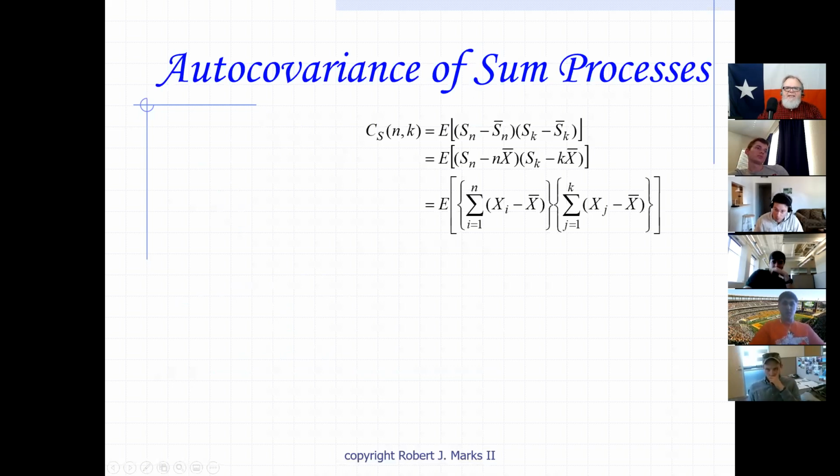Now, what is this? Well, let's see. This is the S sub n, and the S sub n is the counting process. And so we have something that goes like this.